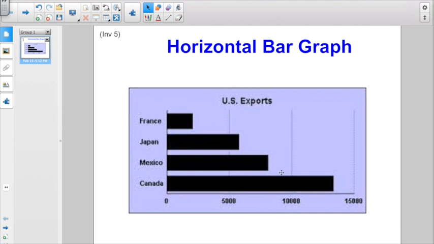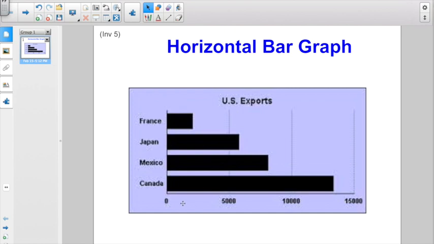So if you're trying to figure out Mexico, here's 5,000, here's 10,000. So what number is halfway in between 5,000 and 10,000? About 7,500, right? I'm going to imagine Japan's probably showing about 6,000. France here is probably showing about 2,500.